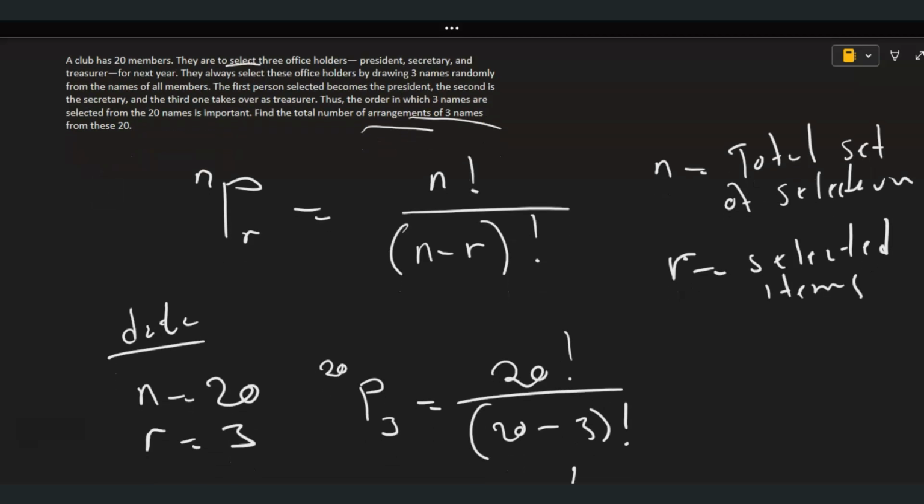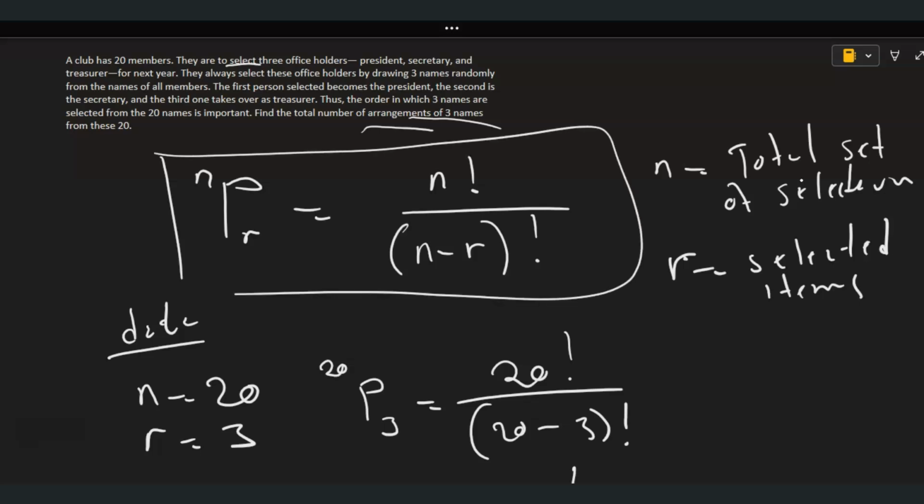So under permutation, the keyword is arrange. When you see arrangement and order, where the ordering matters, that is your permutation. The formula for permutation is n factorial divided by (n minus r) factorial.